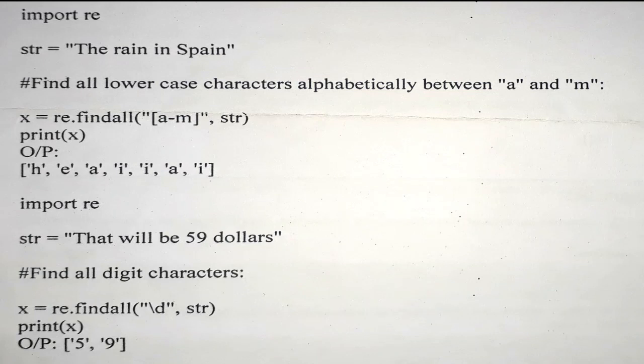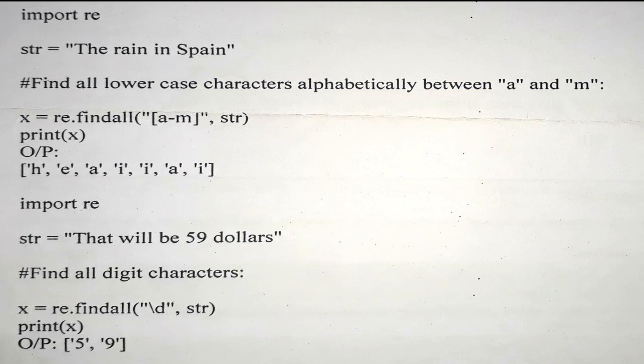Within a square bracket, whenever we are getting the result, it means the result is in list format, and it will start from the beginning. So the first character is T, and T is not between a and m, so it will not get displayed. Then we have H as a character, so H comes between a to m, so H will be displayed.